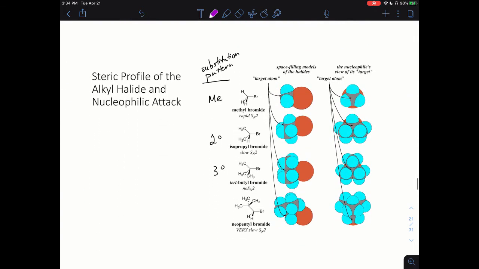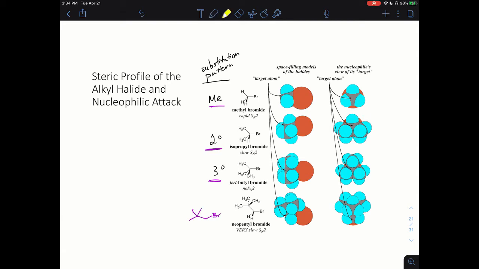Okay, this is a funny little slide here, but I have a methyl bromide, I have isopropyl bromide or 2-bromopropane that we discussed at the beginning of the lecture, tertiary bromide, and then what's called neopentyl bromide. So if we drew out the skeletal structure, it would look like this, and we'll talk about that in just one moment.